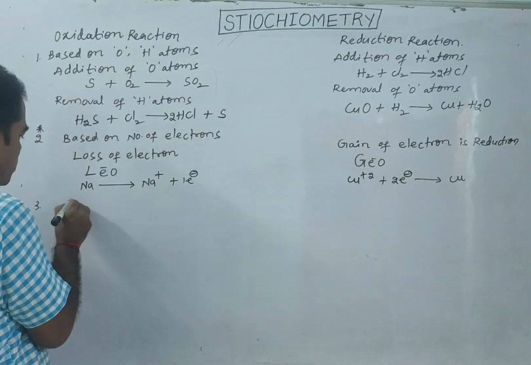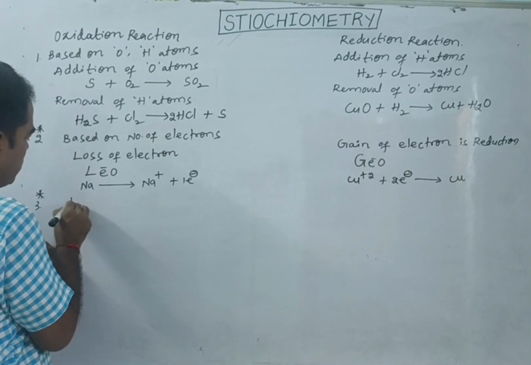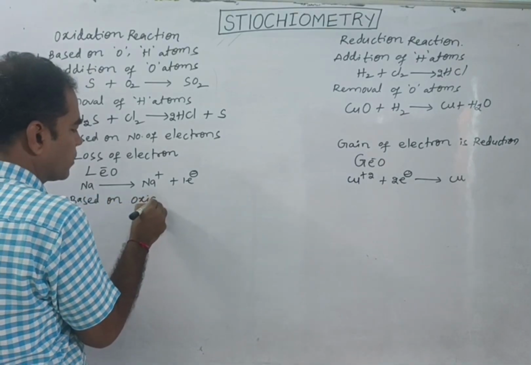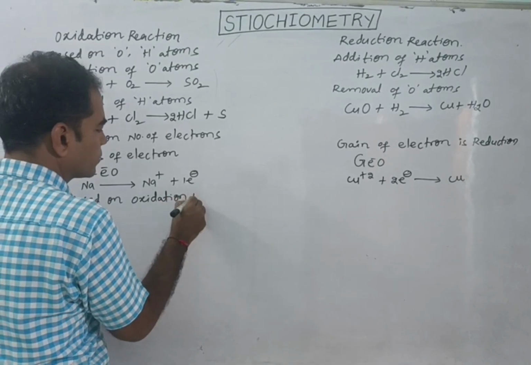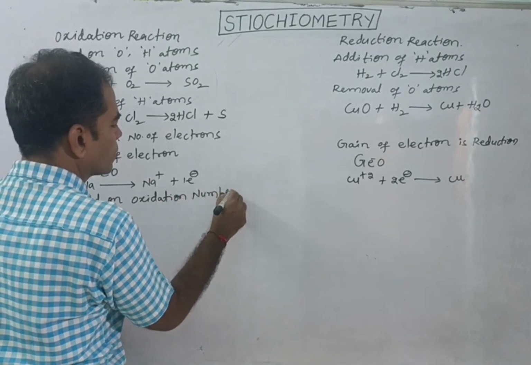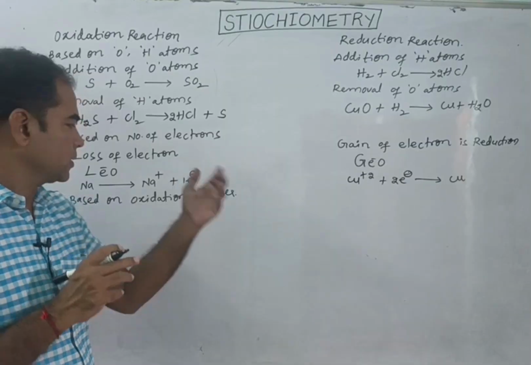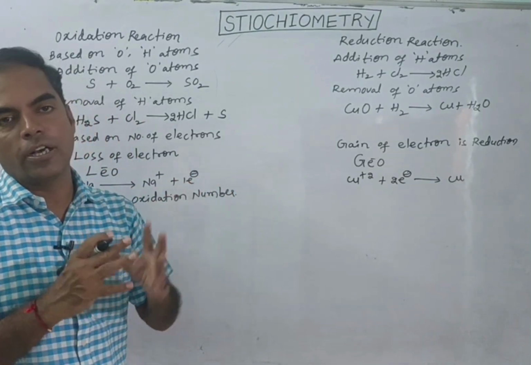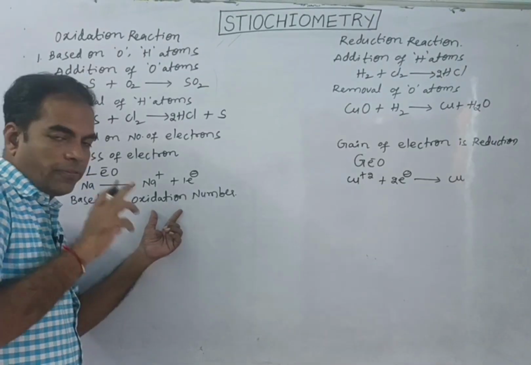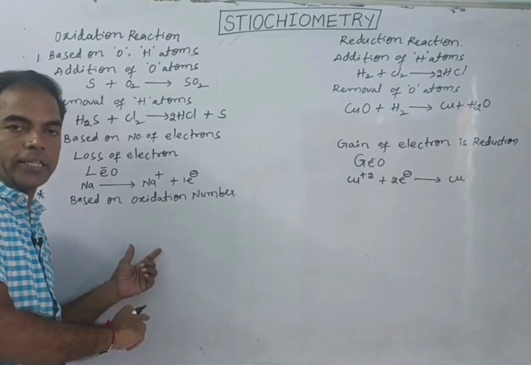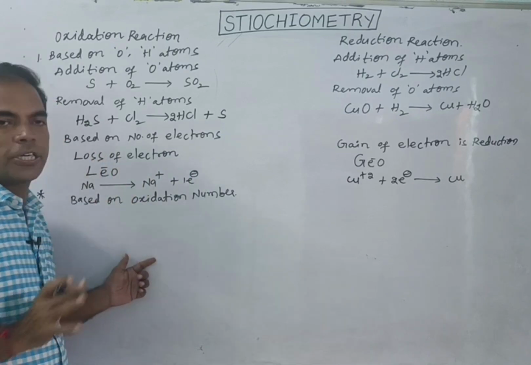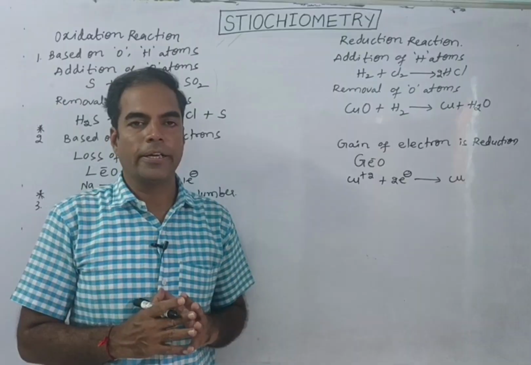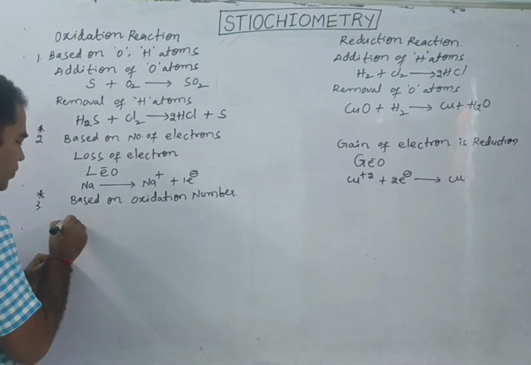Next, based on oxidation number. My dear students, in the last class we discussed the calculation of oxidation number of different compounds. Here, if the oxidation number increases from reactant to the product, that is oxidation reaction. If the oxidation number decreases, that is reduction reaction. Okay, based on oxidation number.